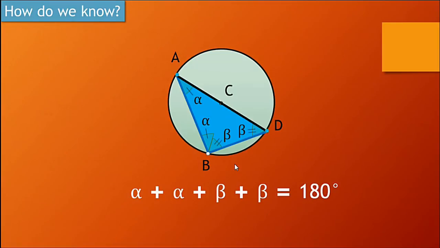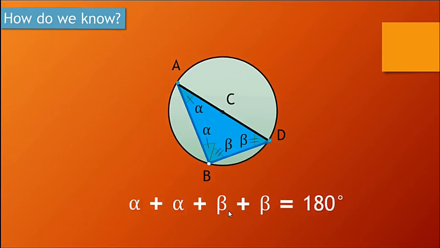Now let's consider the triangle ABD shaded in blue, which is simply the pink and green triangles added together on the previous slide. Recall that all the interior angles of a triangle add up to 180 degrees. As a result, in this triangle, we can easily see that alpha plus beta plus alpha plus beta equals 180 degrees.